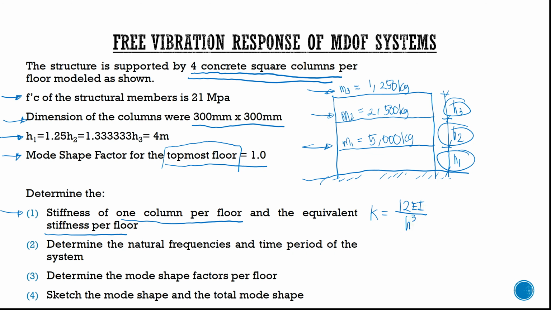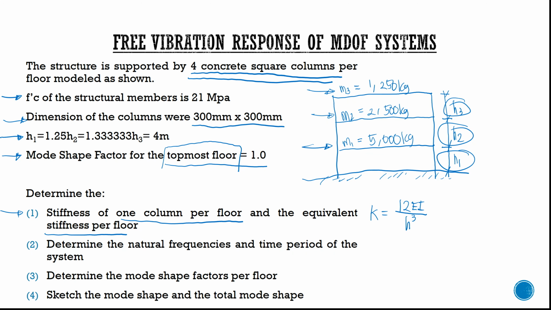We would have a single equivalent stiffness for the whole structure per floor if the heights of the columns were the same throughout the floors. In this specific example, the heights of the first floor, second floor, and third floor columns are varying. Therefore, we will have differing values of stiffness per floor.